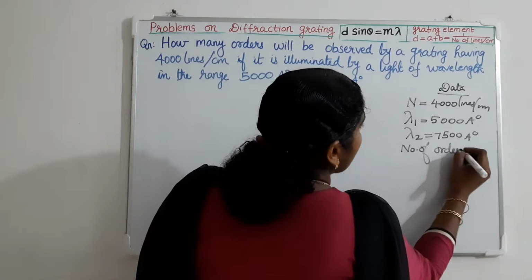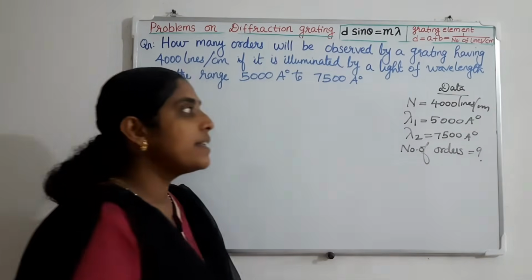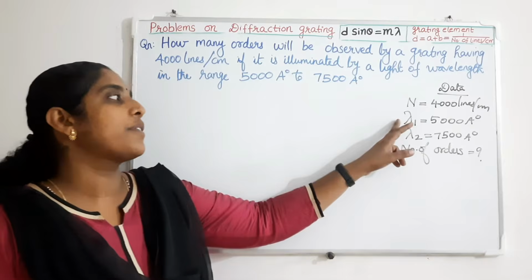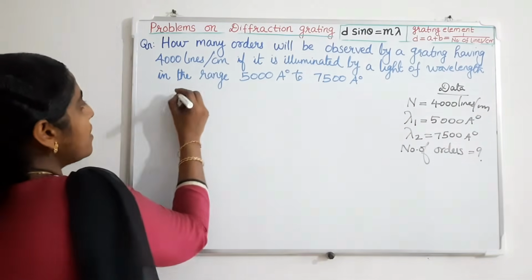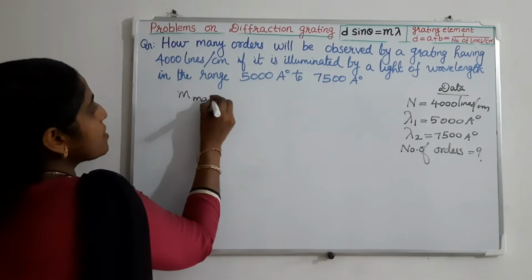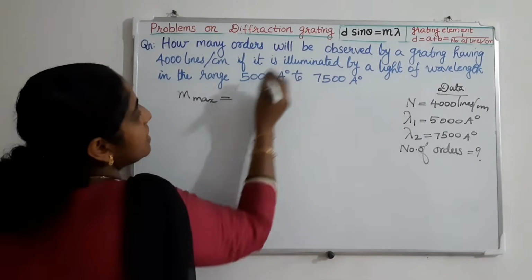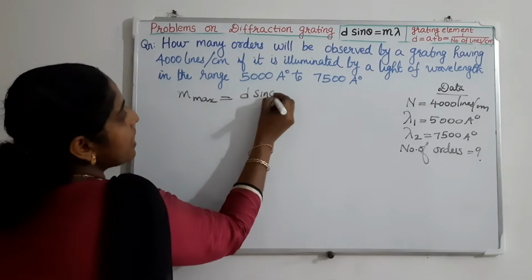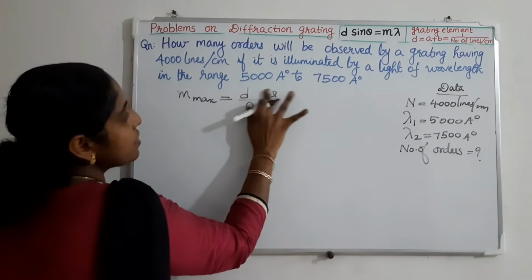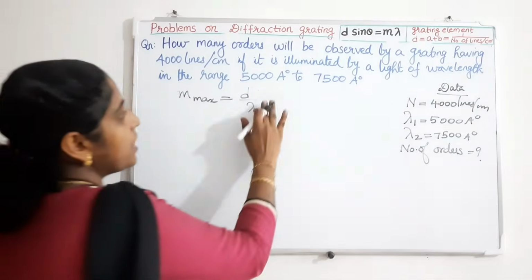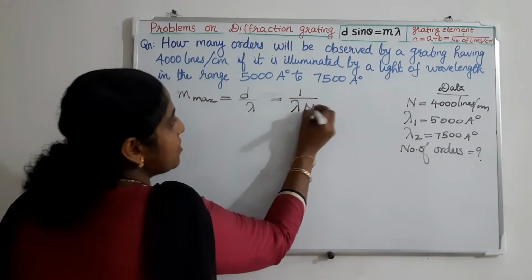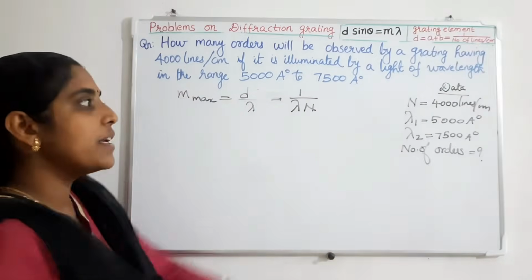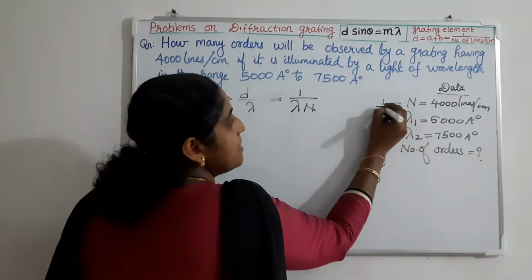To find the number of orders, we can find the maximum order possible for the wavelengths lambda 1 and lambda 2. What is the equation for maximum order possible? That is d sin theta by lambda, and in that the sin theta value is 1. So that is d by lambda, which means 1 by lambda n, because d is the reciprocal of the number of lines per centimeter.